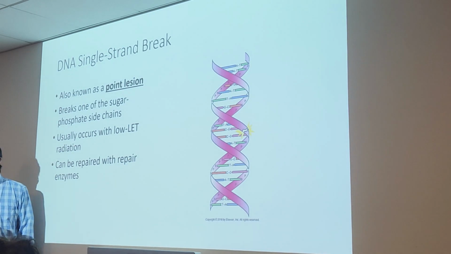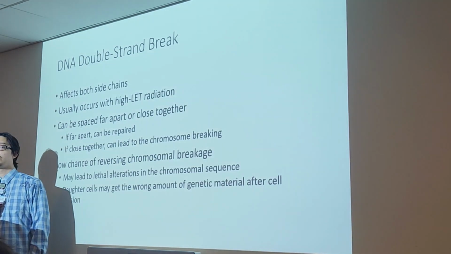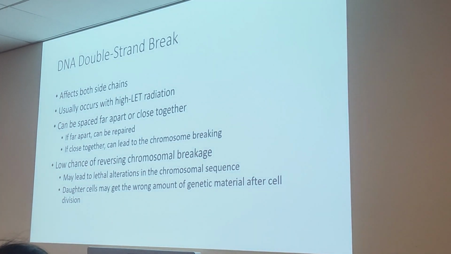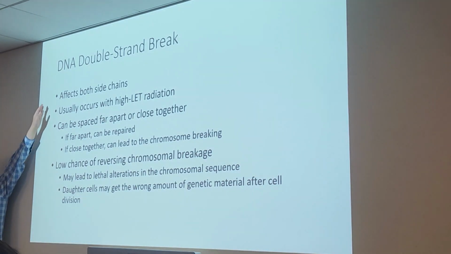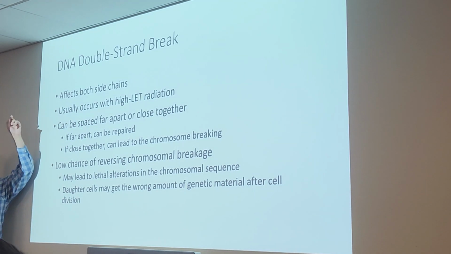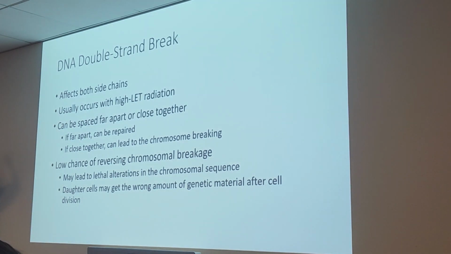On the other hand, if you have a double strand break, so now both of those chains are broken, that is a serious issue. So double strand breaks affect both chains. It's not that one chain gets broken twice, it's that each chain now has a break in it.